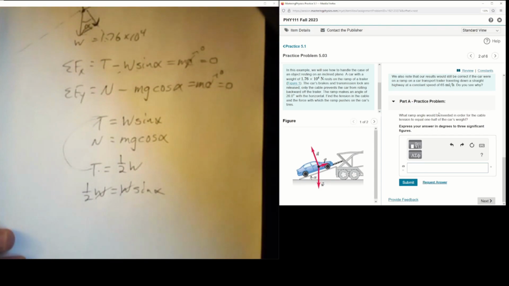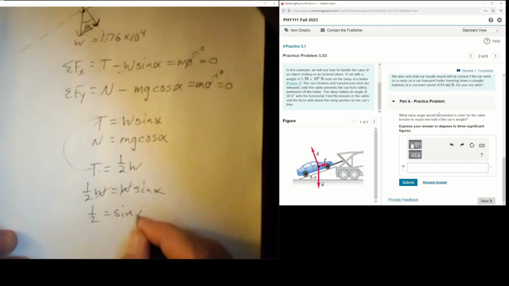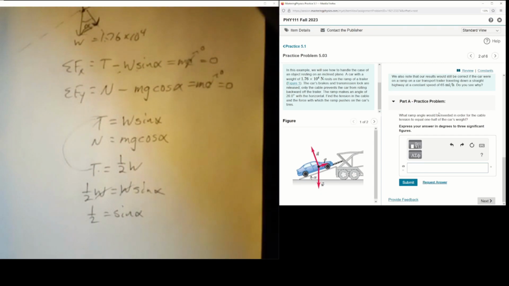Weights will cancel. And we get 1/2 is sine alpha. And if you remember some stuff from trig, this is one of those special angles that we encourage you to remember. And that angle is 30 degrees.